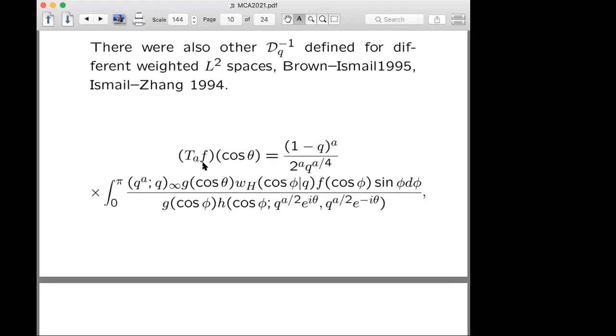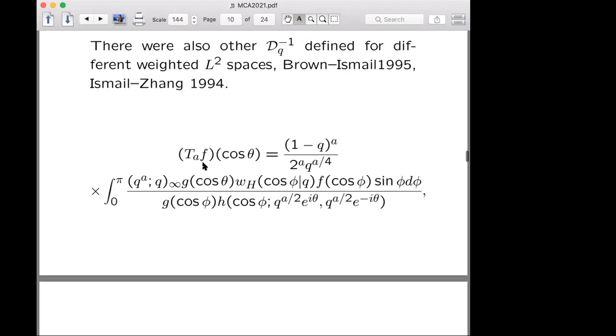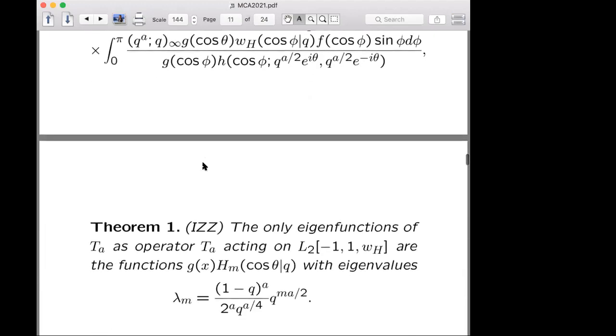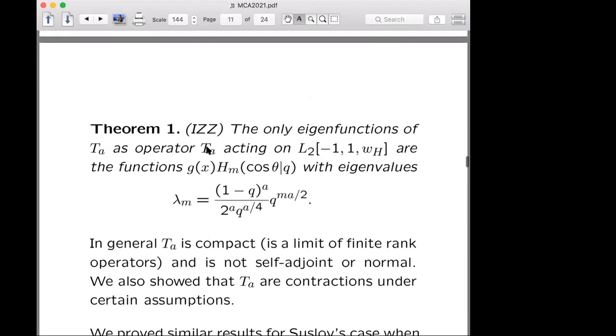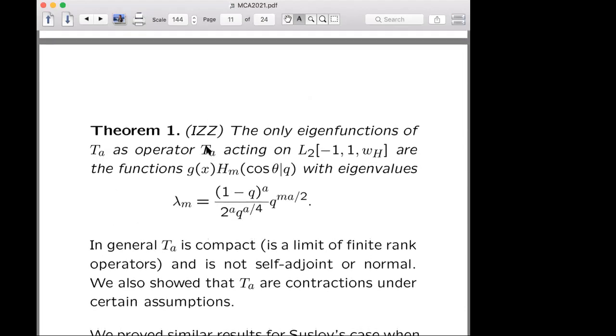More importantly, we computed their trace, because if the operator is not normal, the trace is not necessarily the sum of the eigenvalues. So we computed the trace, and these are the eigenvalues for the t. We computed the one for the adjoints. We computed the one for Suslov, where the computation is already in Suslov.